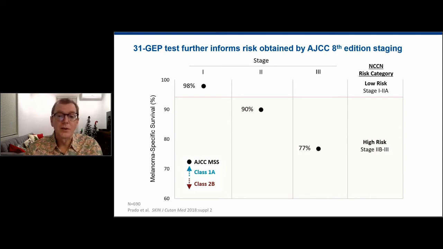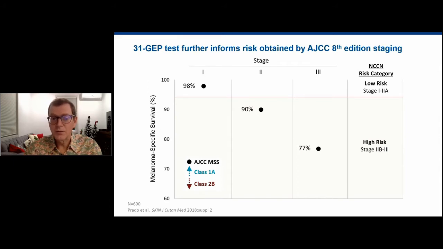That's typically where our stage 1 and 2A patients lie. Our stage 2 patients, all comers in the 690 cohort, showed a 90% melanoma specific survival, and stage 3 did worse at 77%. Well, can you better stratify patients here using gene expression profiling plus AJCC staging to better identify subsets of patients that are either going to do better or worse?